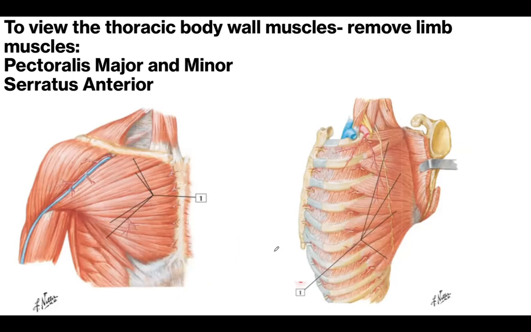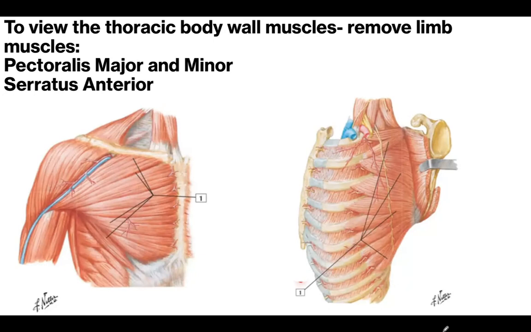If we want to actually view the external intercostal muscles and the internal intercostal muscles, we do have to remove the pectoralis major and minor, which major is here. And then if we were to remove that, minor would be underneath. And then also the serratus anterior, which we can kind of see down here, as well as here. You can see it's kind of like a serrated appearance, kind of like it looks like the bottom part of a rake.